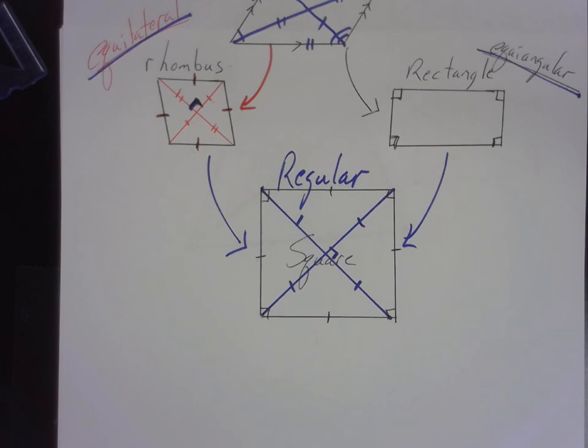The opposite sides are congruent, aren't they? Okay, it's a parallelogram. And then can you go even further? What is it? Yeah, there you go. It's a rhombus. Okay. Can we go further? Is it a square? No. Is it a rectangle? No.